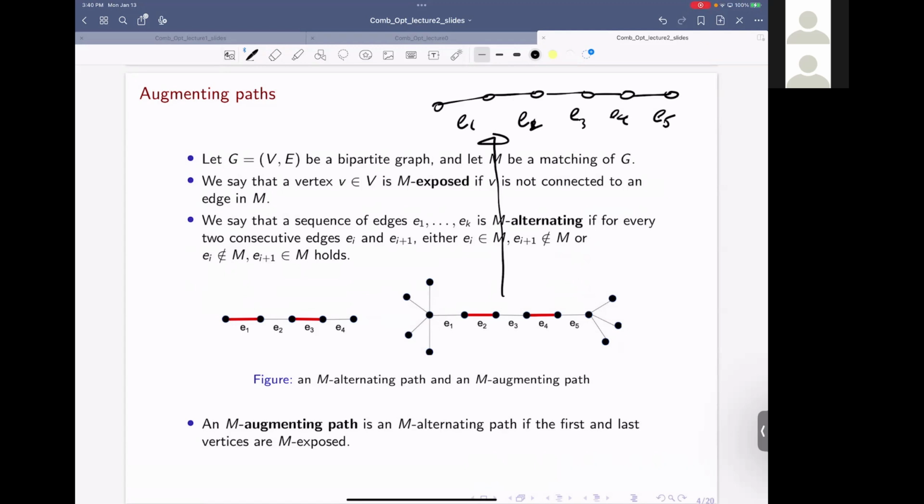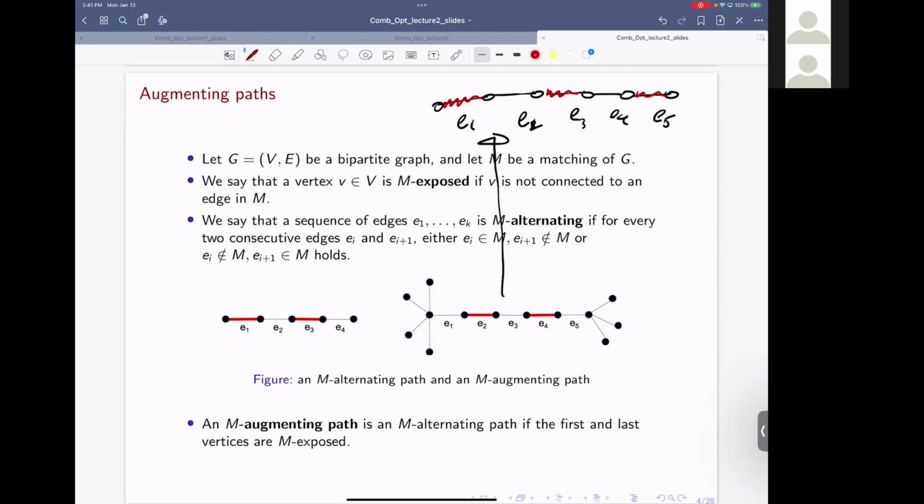But instead of E2 and E4, let me add E1, E3, E5. Let me take those three edges into the matching, and take E2 and E4 out of the matching set. The augmenting path has an alternating structure and both ends are M exposed, so it has to have an odd number of edges. If you do this augmenting procedure by switching the roles of non-matching and matching edges, you increase the number of matching edges by 1. You have 2 at the bottom, but 3 at the top, right? So this is the operation of augmenting.